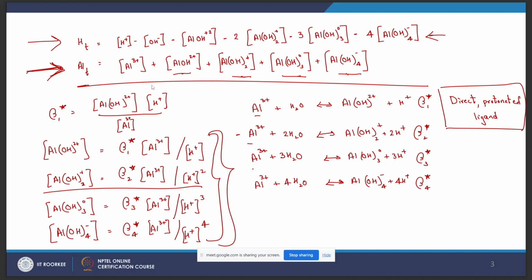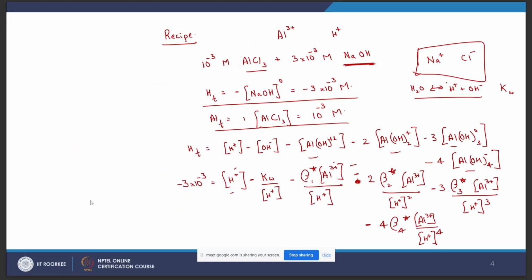So after we have got the pH, that is H plus and Al3 plus, we can subsequently put these in these equations, and we can find out the concentration of the different complexes of the aluminium form.